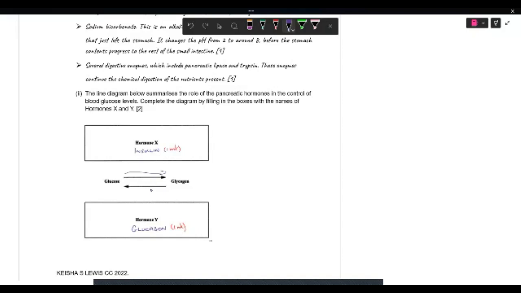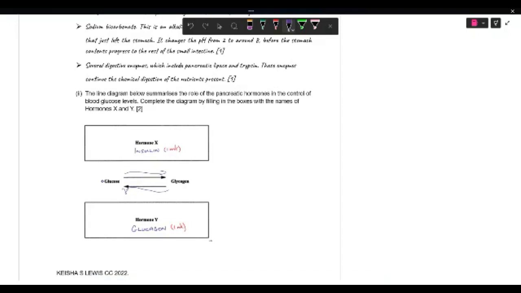And then the other arrow is taking us from glycogen to glucose and is connected to this box. And in this one, we're being shown that glycogen is being broken down to glucose. And the hormone that is responsible for stimulating that process is glucagon. I almost said glycogen.